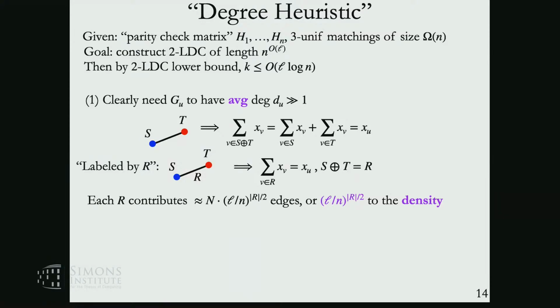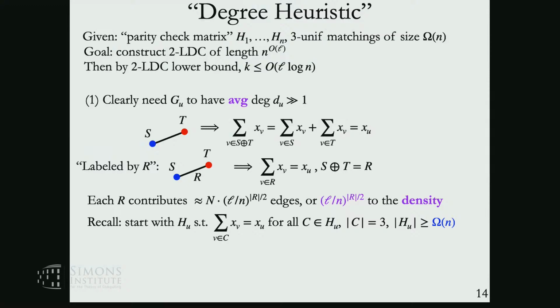Turns out this is actually not quite the case. This is only the case when R is even. When the size of R is odd, it actually adds 0 edges, and this adds a lot of technical complications to the proof. But the high-level idea is that this is going to be roughly the density that we'll get, and you can handle the odd case by doing something a lot more complicated that I'm not going to get into.